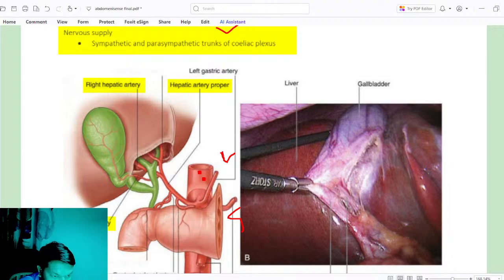See, this is abdominal aorta giving supply to celiac trunk, and this is our common hepatic artery. Hepatic artery proper, when dividing into terminal branches, they go to the right and left lobe. So one is left hepatic artery, one is right hepatic artery.